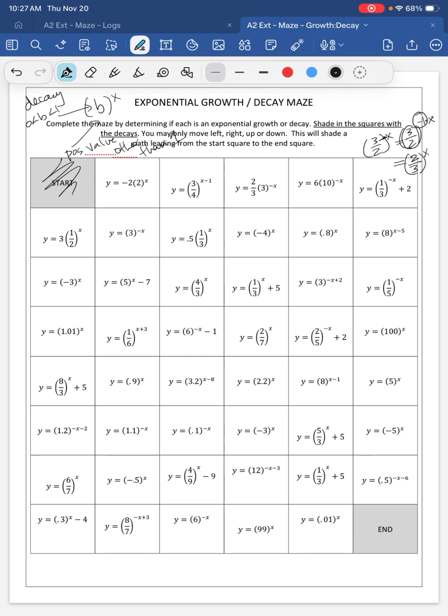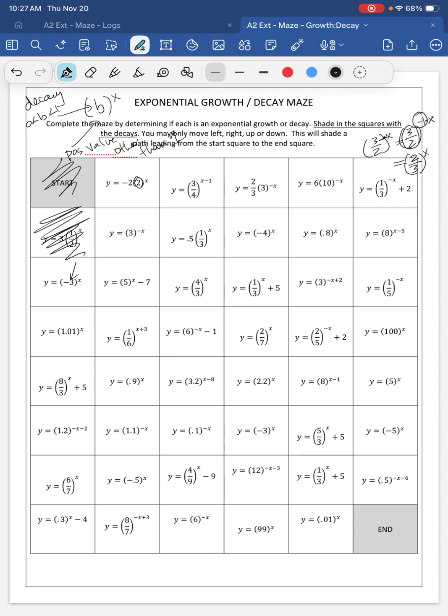So as I'm looking at these two options from the start, you can't go diagonal on this, only up, down, left, right. As I'm looking to the right, this base is not between 0 and 1. And there's no negative exponent that I need to simplify, so I'm going to shade this way, okay? This base is also not between 0 and 1. It's negative, which sometimes pulls people in, but remember we're defining that as a base between 0 and 1. Not true.